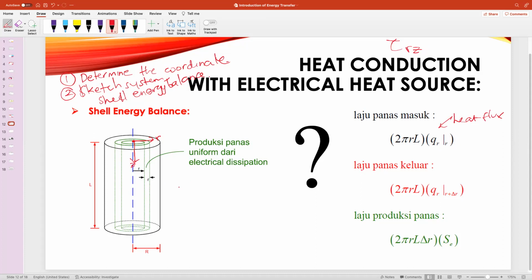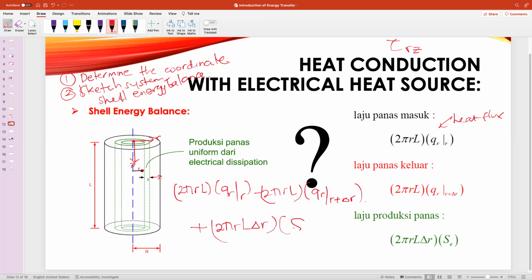So we have 2πRL multiplied with QR at R, and then out, minus 2πRL multiplied with QR at R plus delta R. Then plus the heat generation rate, which is 2πRL delta R multiplied with SE, where SE is the electrical dissipation, equal to I squared divided by KE, equal to 0. So this is your energy balance.